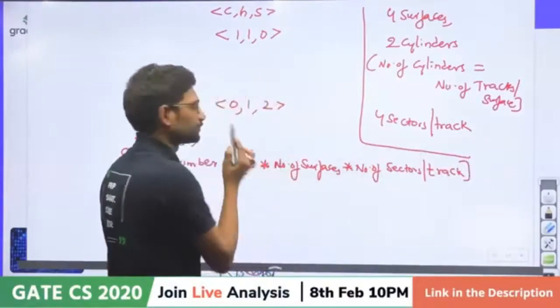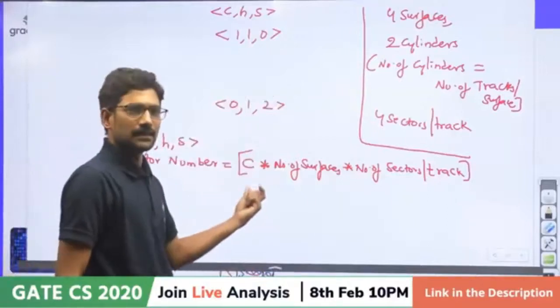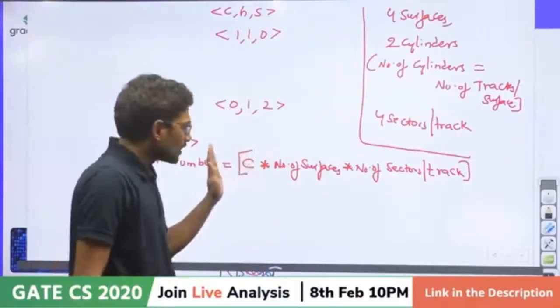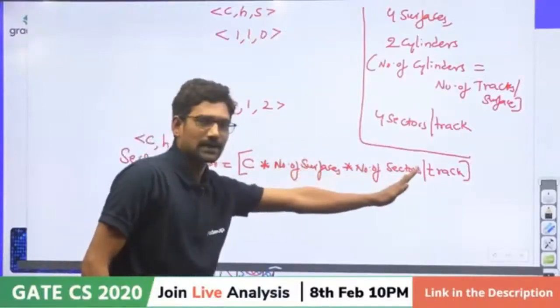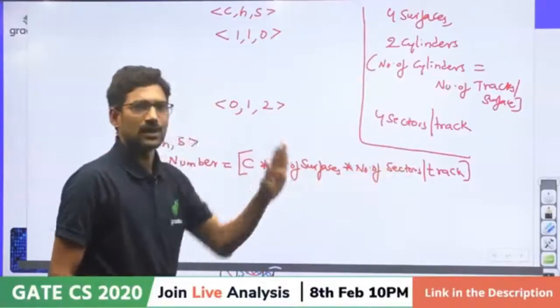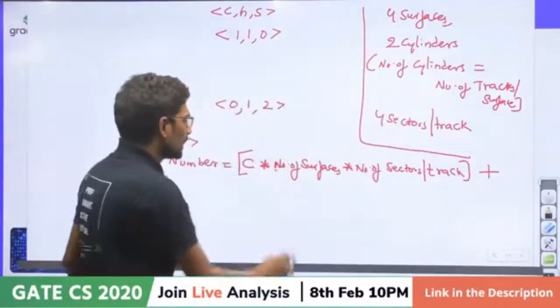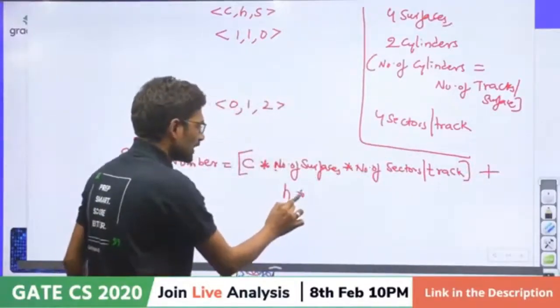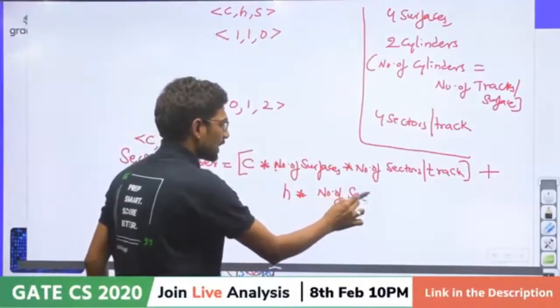That means, for this cylinder, how many cylinders are there? Cylinder means from every surface, 1 track. So all surfaces, 1 track sectors we are counting. Plus H multiplied by the number of sectors per track.